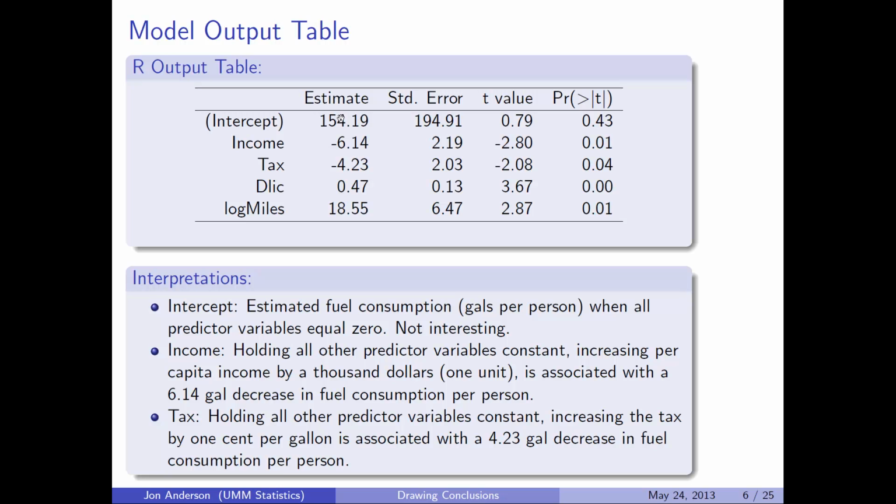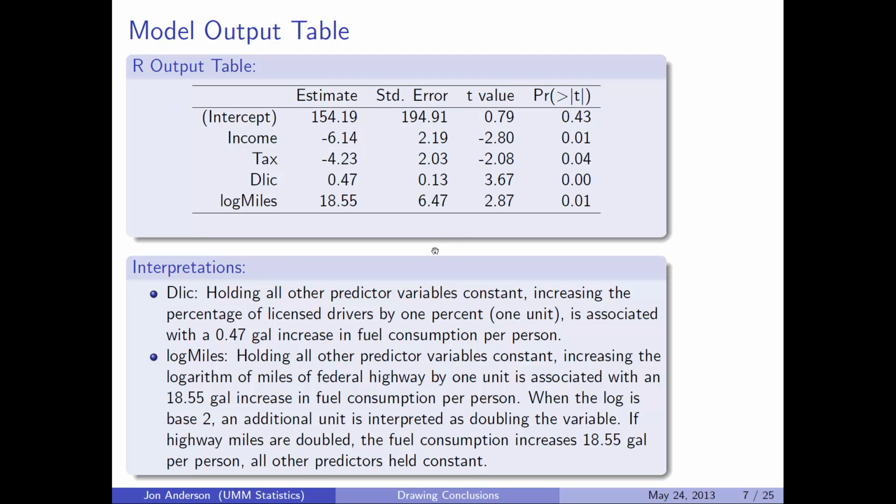That's how we would interpret this fuel consumption figure of 154 gallons per person. We interpret one of these other coefficients, like the income coefficient, as holding the other predictors constant, changing income by 1 unit, $1,000, will decrease fuel consumption per capita by about 6 gallons. And that's how we would interpret coefficients like this.